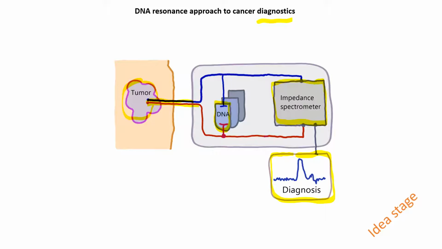This would make the diagnostics more sensitive and help to identify the type of cancer using multiple DNA sequences. The device would contain solutions of DNA in an array and compare the electric impedance spectra to different DNA solutions as references, and that would improve the diagnosis.